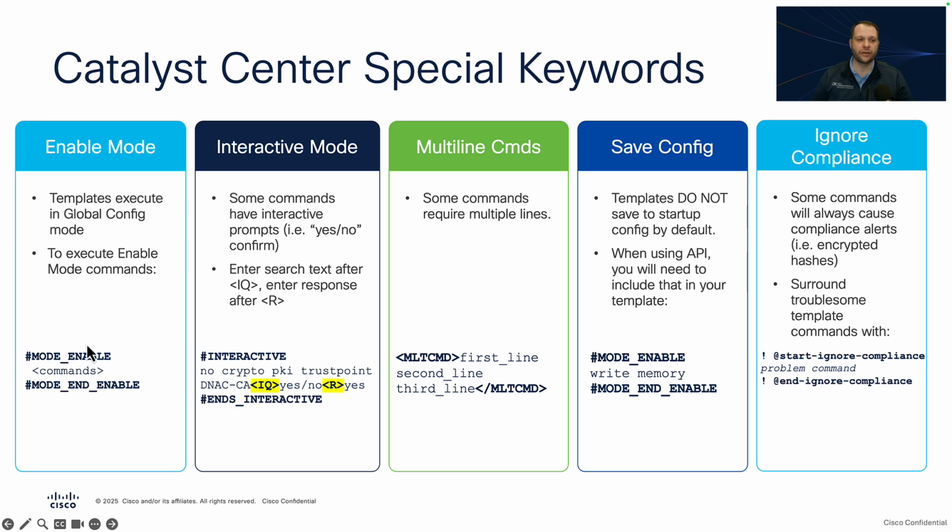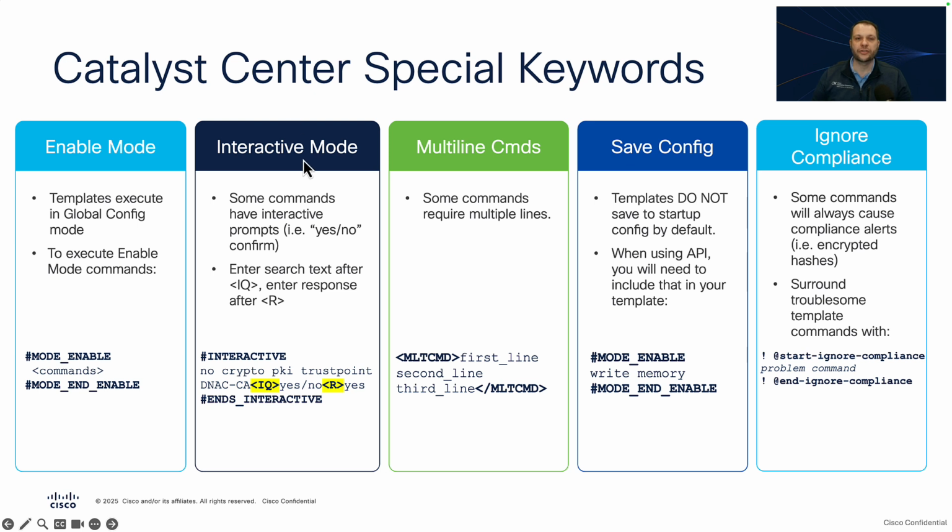And in those scenarios, what we can do is surround those special commands in our template with these special keyword tags called mode_enable. And then at the end of those commands, we'll use mode_end_enable. And both of those are preceded with a pound symbol. And this is telling Catalyst Center that as it's executing those commands, it should exit out of global config mode and back into the enable mode in order to run those commands.